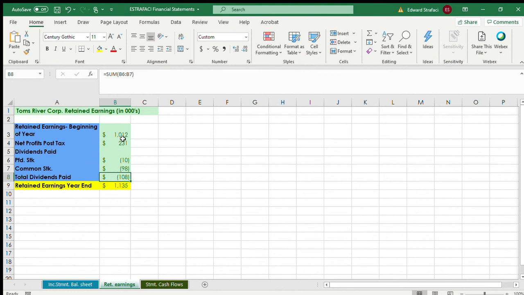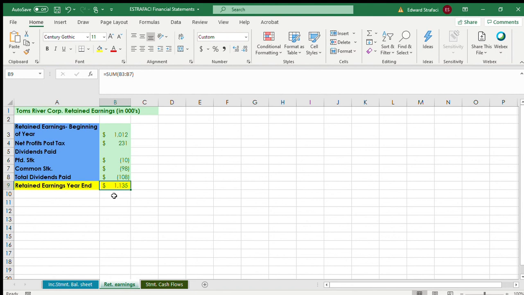So we're going to see 1,012 plus that 123, and we come out with 1,135. So that's the retained earnings that are going to go back into the firm. That's the number that the company has retained in terms of their prior earnings that they did not pay in dividends.